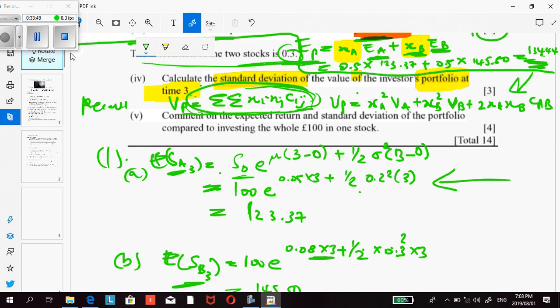Here it wasn't so difficult, you just had to recall it for 2 stocks. Now from here you just substitute your numbers.